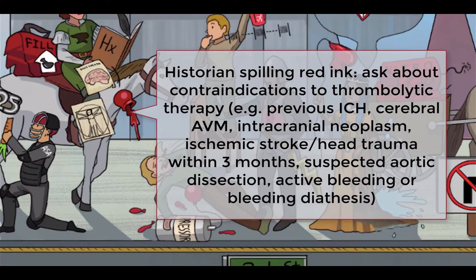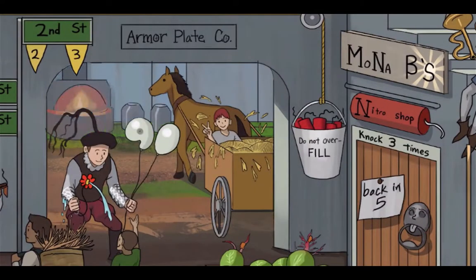Not surprisingly, patients with suspected aortic dissection, active bleeding, or bleeding diathesis should not receive thrombolytic therapy. So, once you've decided on PCI versus thrombolysis, you'll give both antiplatelet and anticoagulant medications to your STEMI patient.